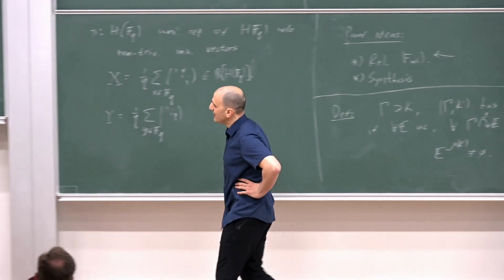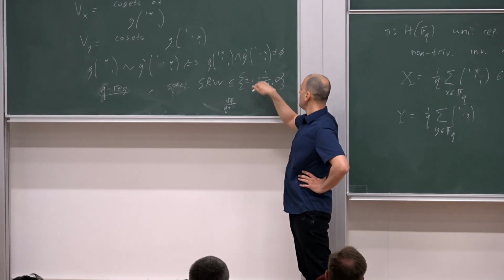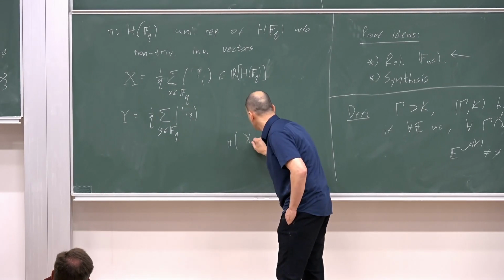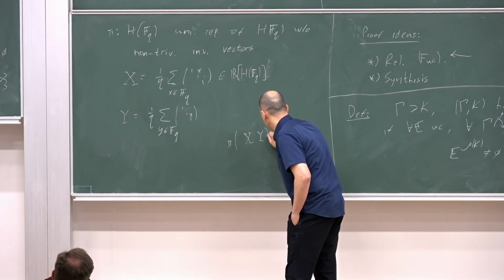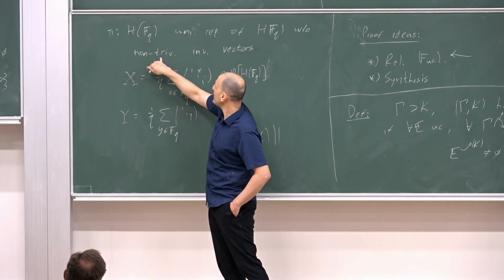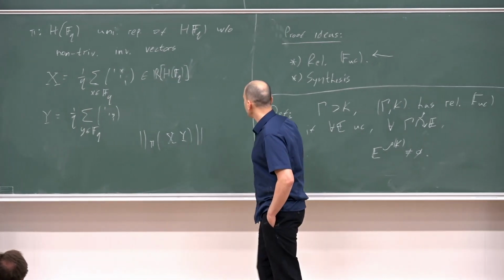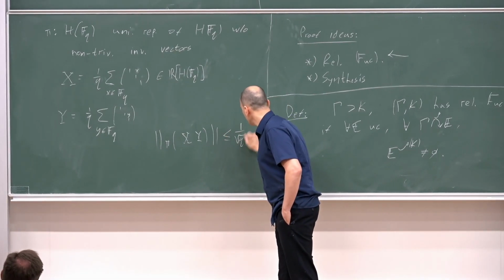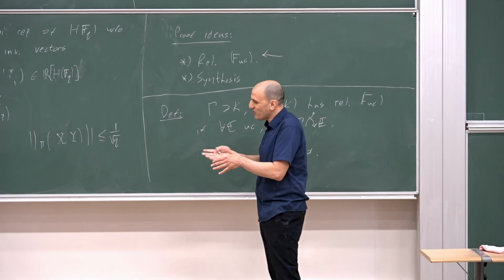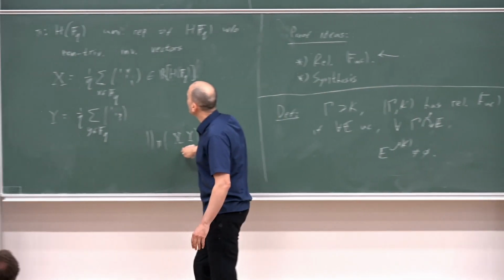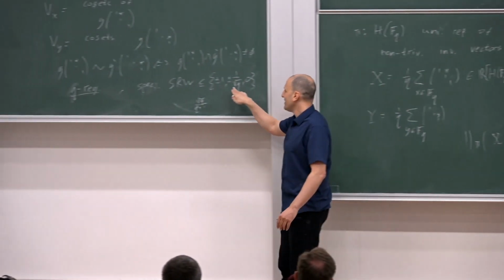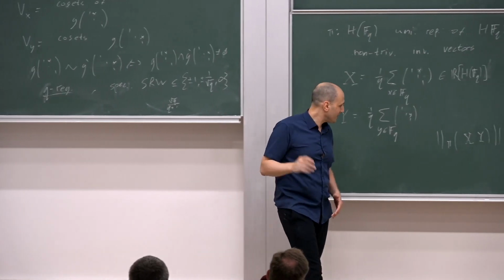And saying that the second largest eigenvalue is 1 over square root of Q is exactly the same as saying that if I take pi of X times pi of Y, its norm, again assuming that pi does not have any non-trivial invariant vector, will always be less than or equal to 1 over square root of Q. So it's an exercise, it's some work to see that saying this for every unitary representation, you can take the regular one and throw out the invariant vectors, is the same as saying the second eigenvalue fact, but you can work it out. It's not that bad.